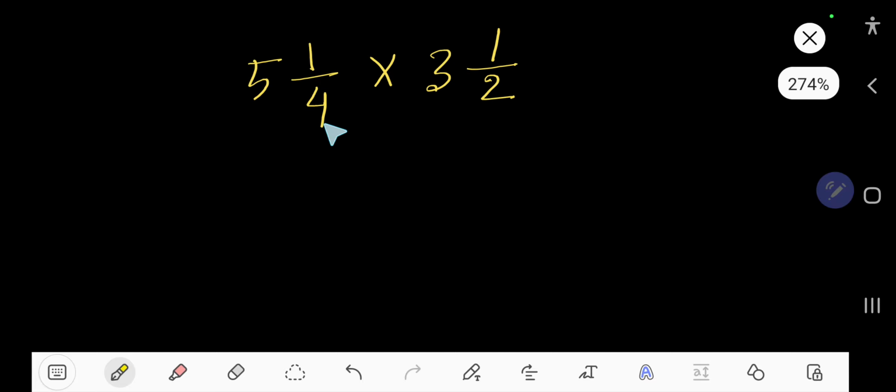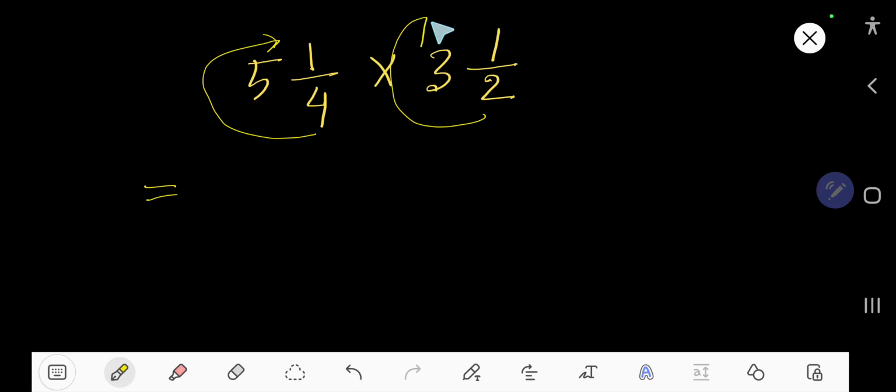So now learn how to multiply this mixed fraction by this mixed fraction. So there is one way to do that. You need to change this mixed fraction to improper fraction at first.